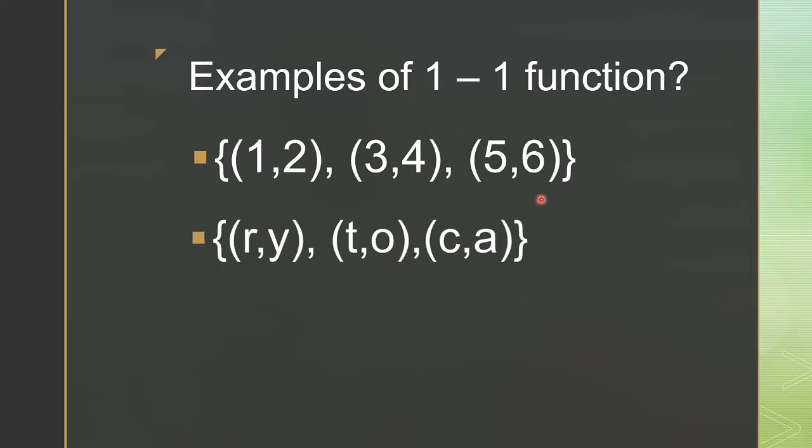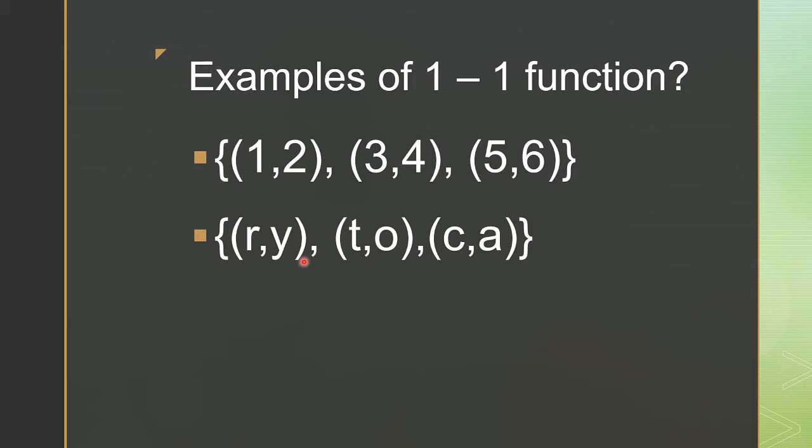Next example, we have r, y, t, o, and then c, a. This also is an example of a one-to-one function kasi kung napapansin nyo, walang nauulit na y values na kapartner ng x values, and also yung x values, or dito yung mga nauunang numbers or letters, hindi nauulit, at hindi rin nauulit yung pangalawang letters or numbers dito sa ordered pairs na to.